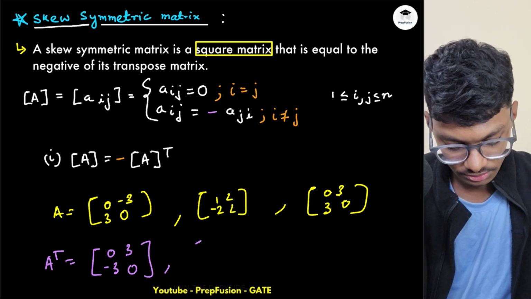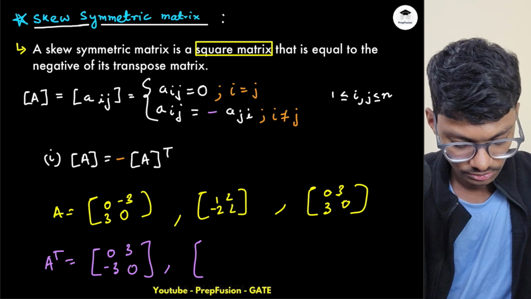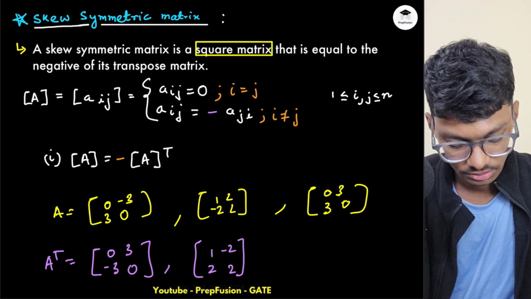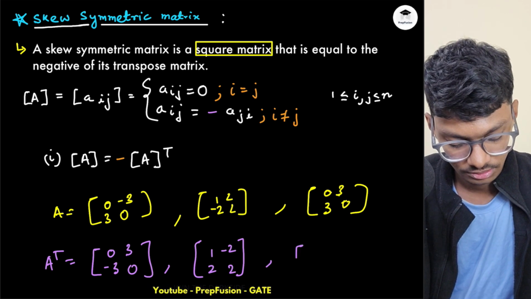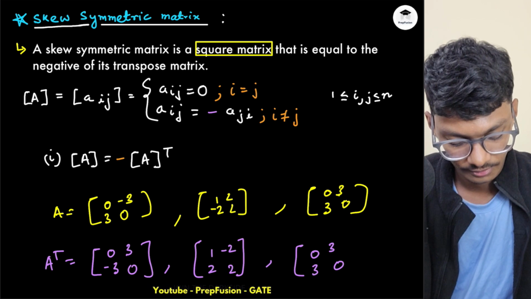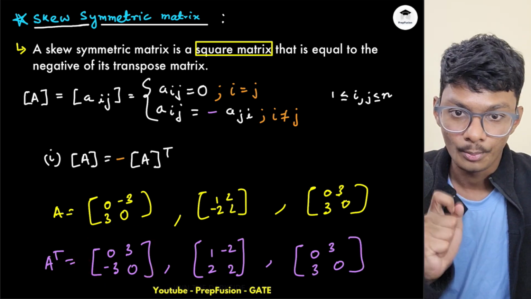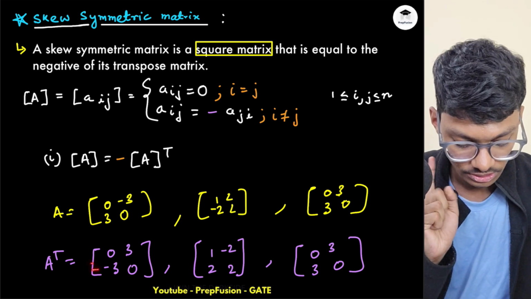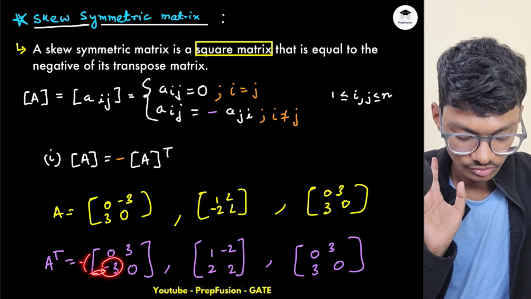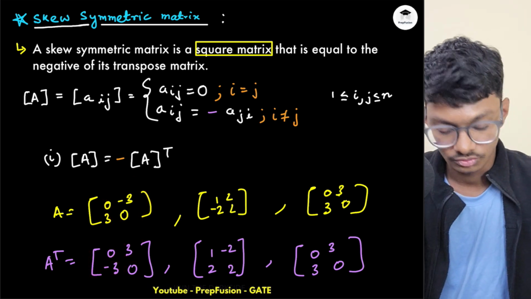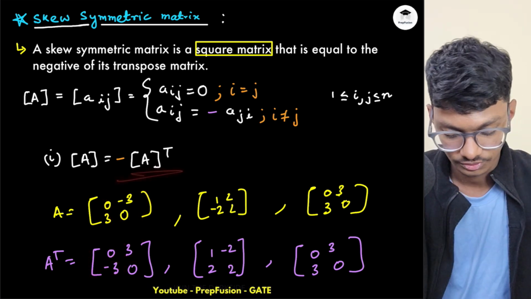This is 1, 2, the diagonal elements won't change, this will be 2, minus 2, and this is 0, 0, 3, 3. What do you observe? Here we observe that A is equal to minus A transpose, because if I multiply by minus 1, this will become plus 3 and this will become minus 3, which is simply equal to A.